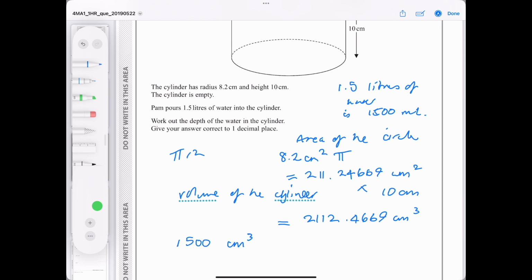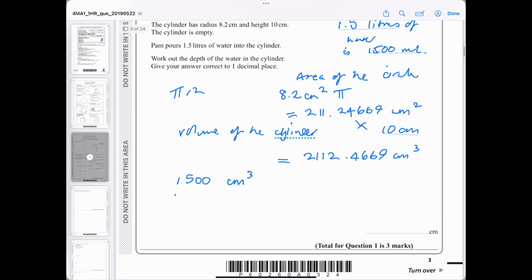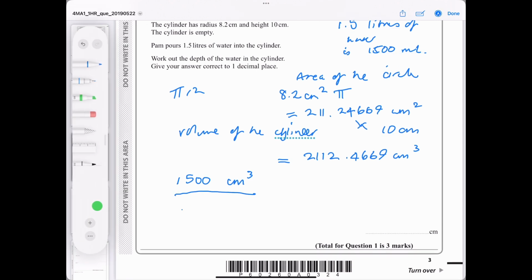So that means the depth of the water would be 1,500 centimetres cubed divided by the 211.24669. Note I am keeping as many of the different digits there as I can.